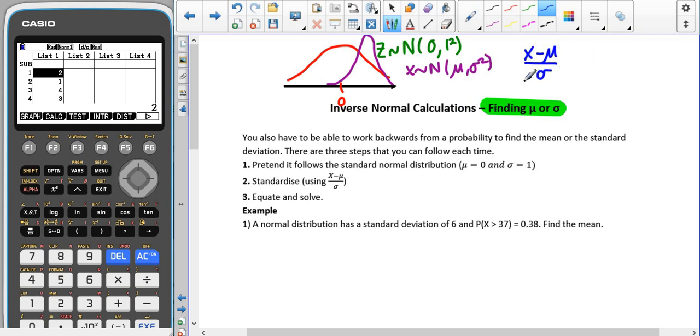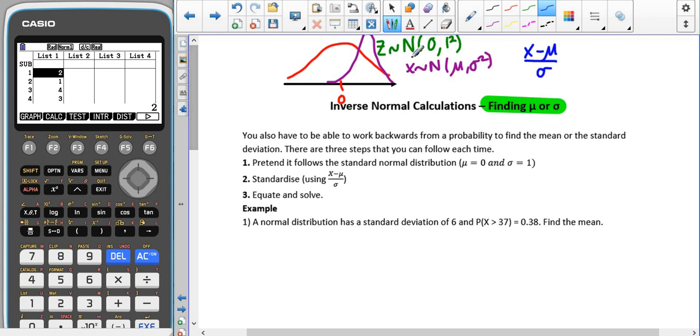So x minus the mean all divided by the standard deviation. And this is what we used to have to use all the time when we were trying to find the probability of a normal distribution. Now, luckily, we can use our calculator to do this instead. And we're actually only going to use this formula when we are trying to find the mean and or the standard deviation.